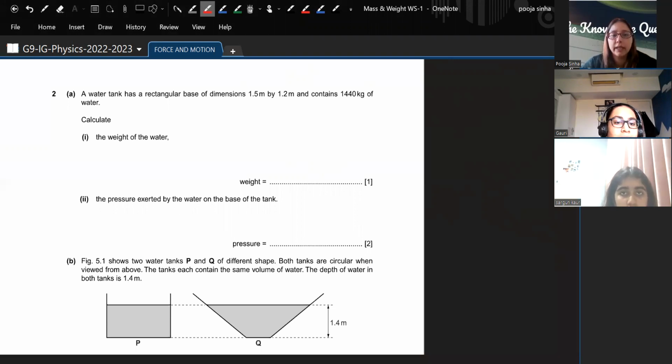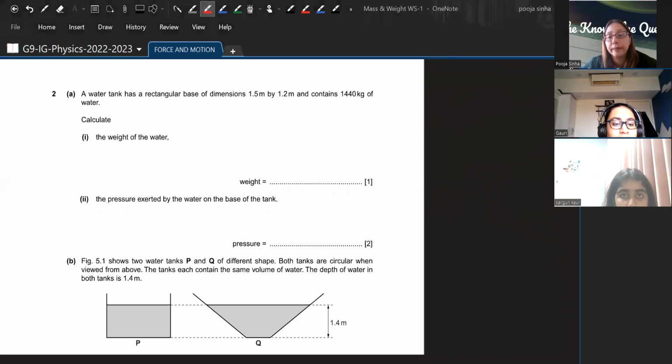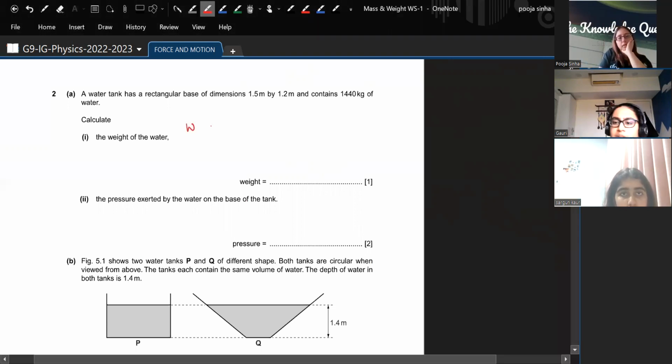Weight निकालना है. Weight निकालने के लिए हमें क्या करना होता है? What was the formula? W equals mg. So weight equals mass into g. What is m? Mass. कितना है? 1,440. And g कितना होगा? For this paper we'll take 10.